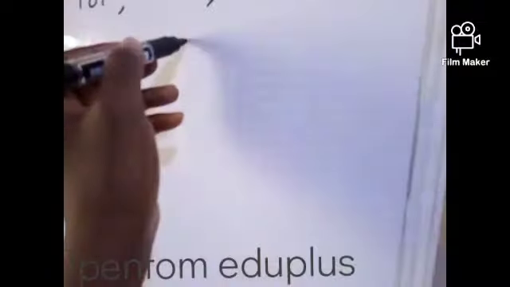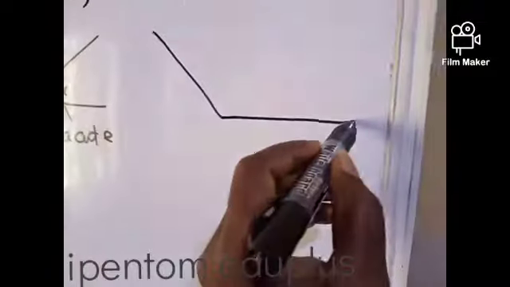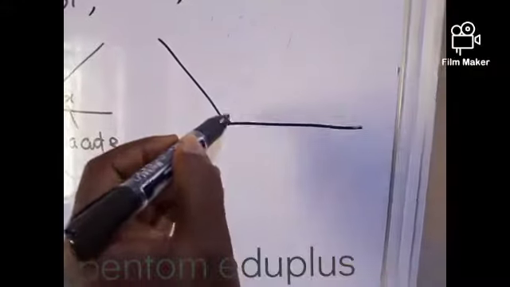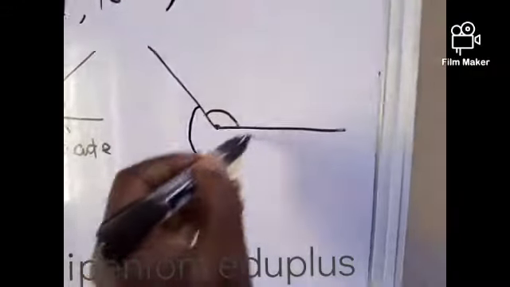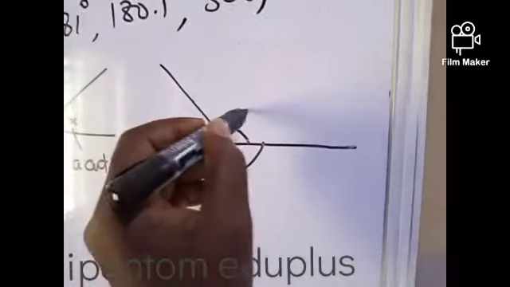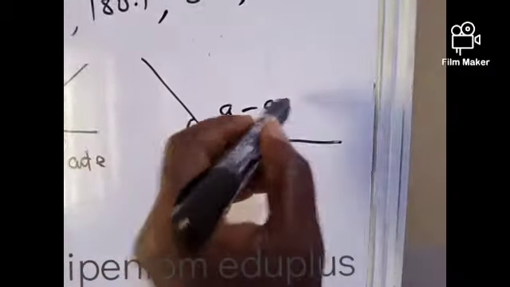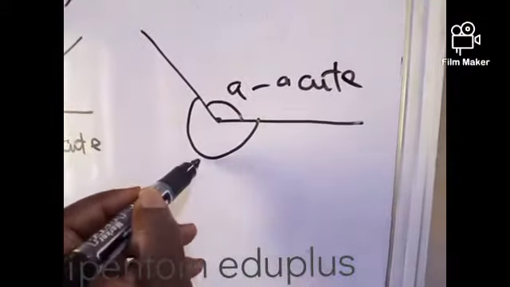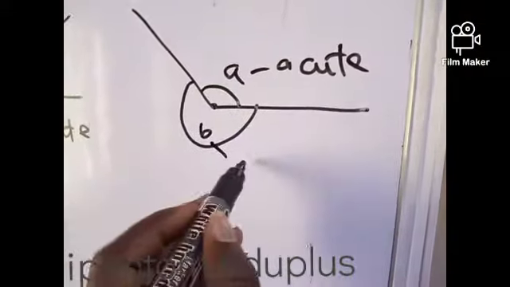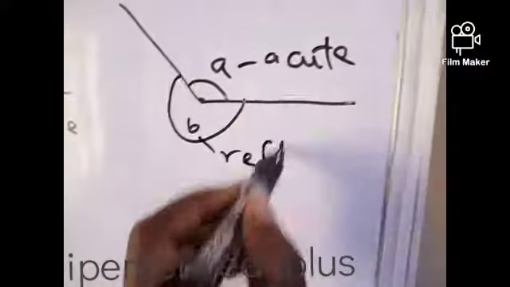If I have another line, and an angle here which is obtuse, then another one at the back. Angle A here is acute, while angle B here is reflex.